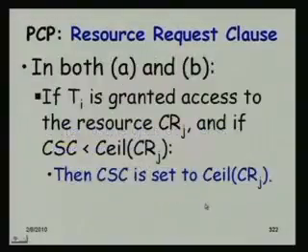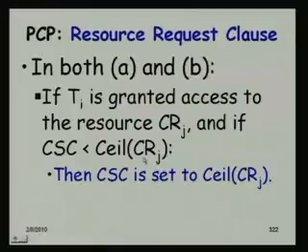Now, in both A and B, if Ti is granted access to the resource, then CSC is set to the ceiling of that resource. So, whatever is the maximum ceiling value, the CSC gets changed.